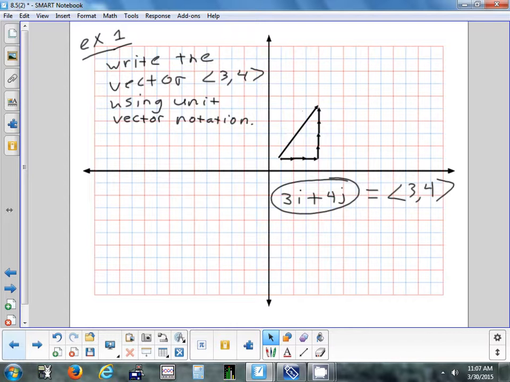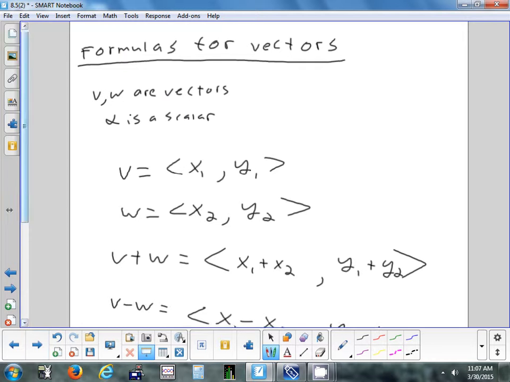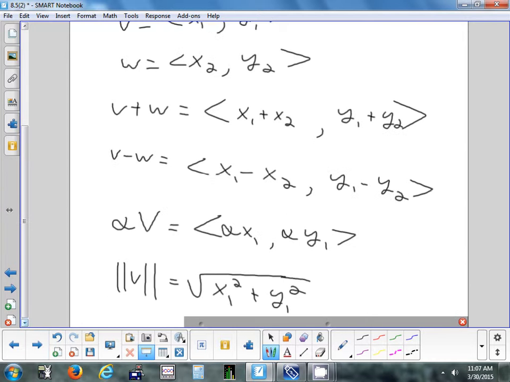Look at the example we just had. If this side's 3 and this side's 4, and you want the length of the hypotenuse, think of it as a right triangle and use the Pythagorean theorem. So square one leg, square the other leg, add them up and take the square root. And that's where this formula comes from. It's just the Pythagorean theorem.